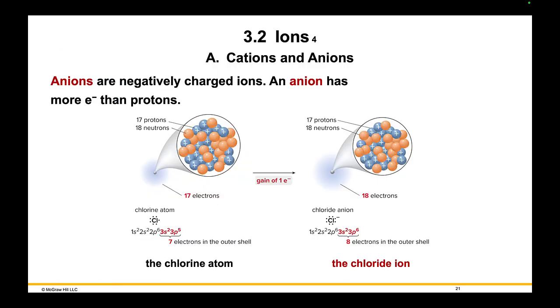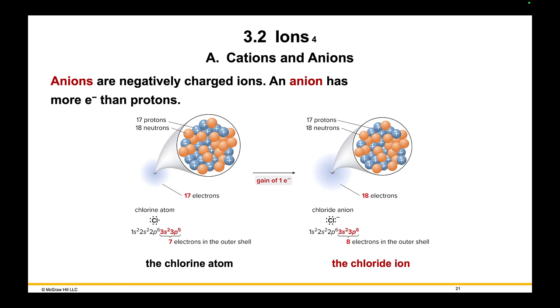Okay, on the flip side of that, anions are negatively charged ions, which means that an anion is going to have more electrons than it has protons. If we look at the chlorine atom, it has 17 protons by definition, and in that atom it's also going to have 17 electrons to make it neutral.